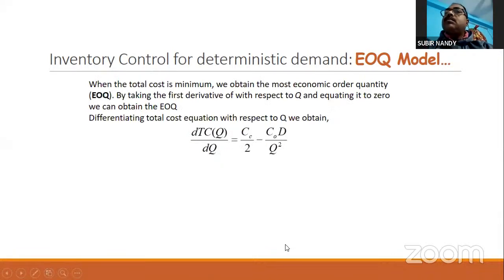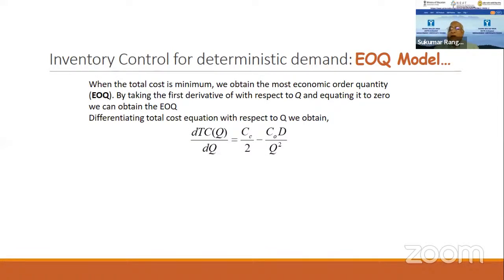Now, when the total cost is minimum, the idea is, as we told initially, that the entire game in manufacturing or any operations is to keep the cost minimum. And about 40% of the cost in any operations is inventory. So this is a major chunk.